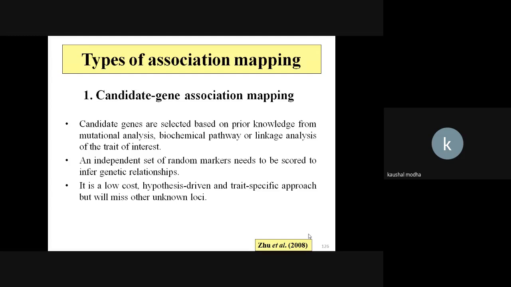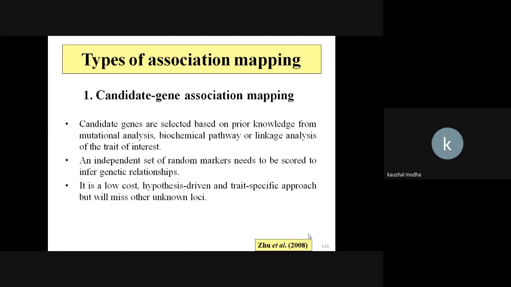There are two types of association mapping. One is candidate gene association mapping, where we have some prerequisite information about the candidate region under consideration. Candidate means a probable region which may be playing a role in that particular phenotype or quantitative trait.